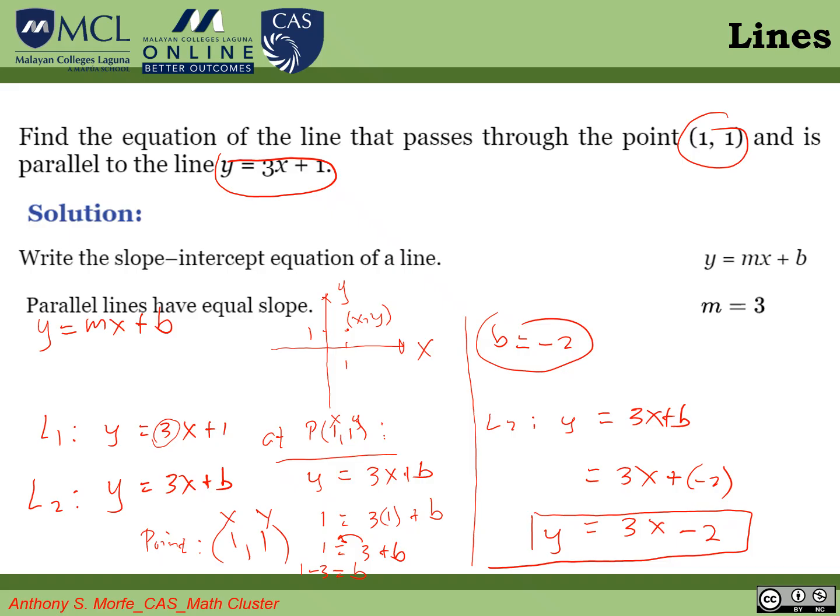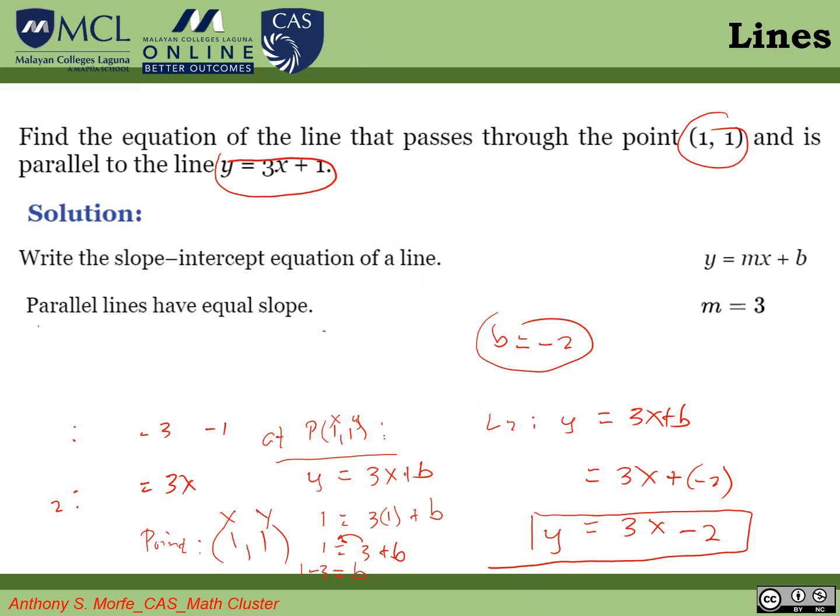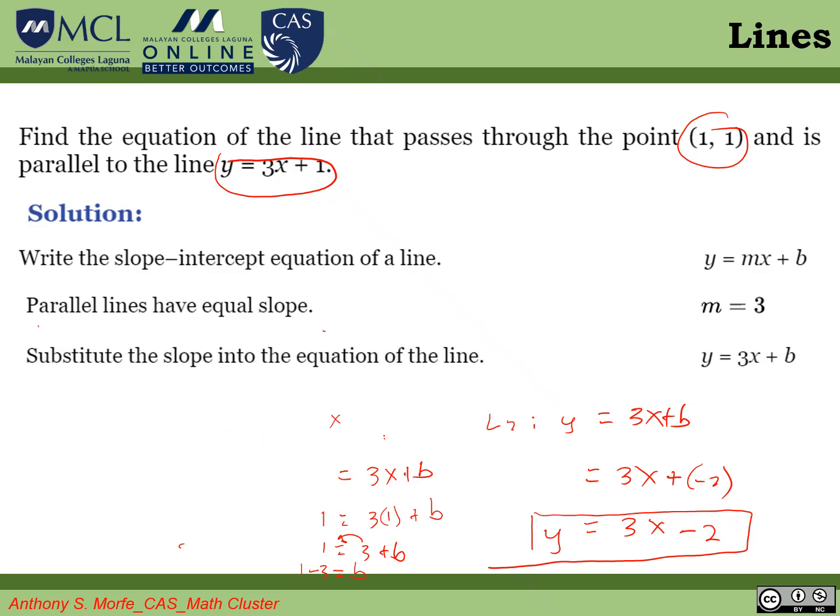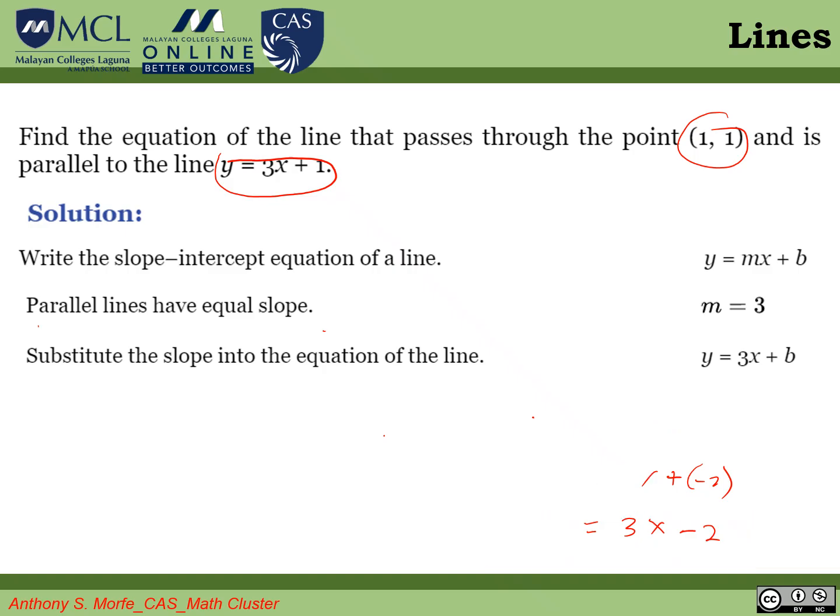In the materials, class, this is what you can see. So from the materials, this is the other approach. Actually, they're just the same. We're given m from the slope-intercept form, then from the equation that we obtained.